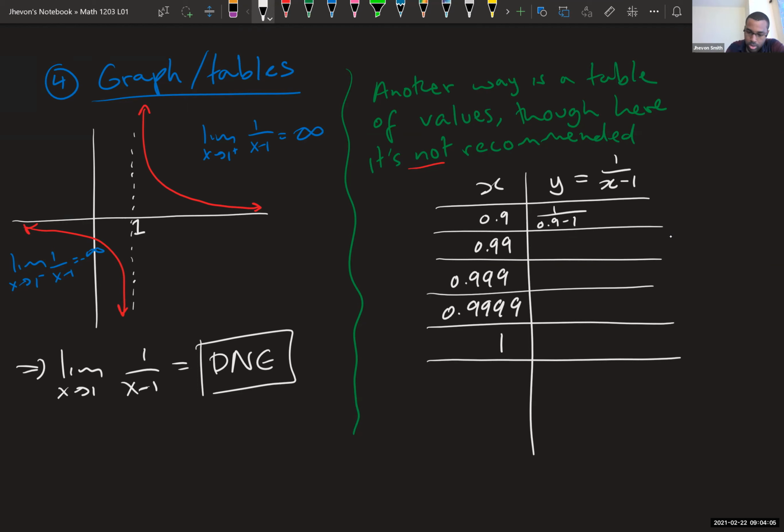This is actually from below, or left. Okay, and then you have that. So what's going on here?